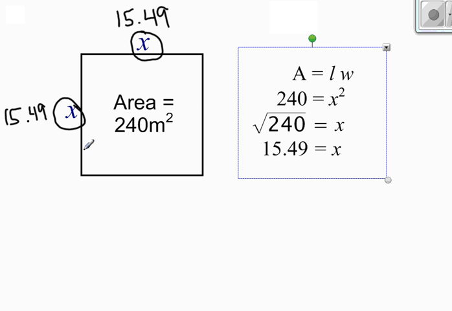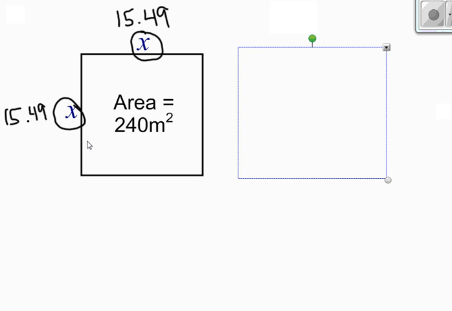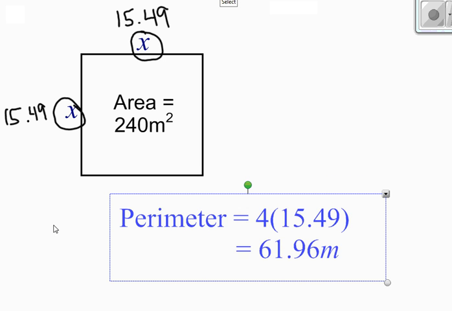So up here, we had 15 by 16 and 16 by 15, and now we have something that kind of fits in between those at 15.49 by 15.49. Now, what would the perimeter of this perfect square be? So 15.49 times 4 would give us a perimeter of 61.96 meters.